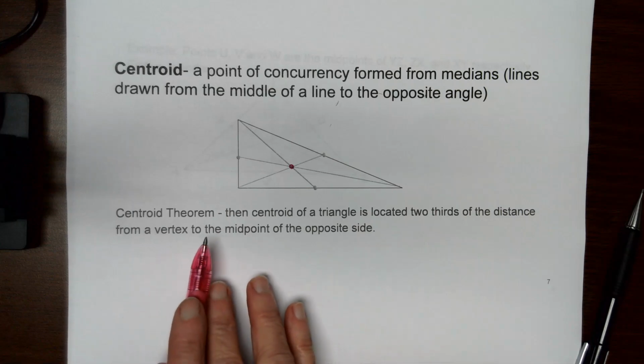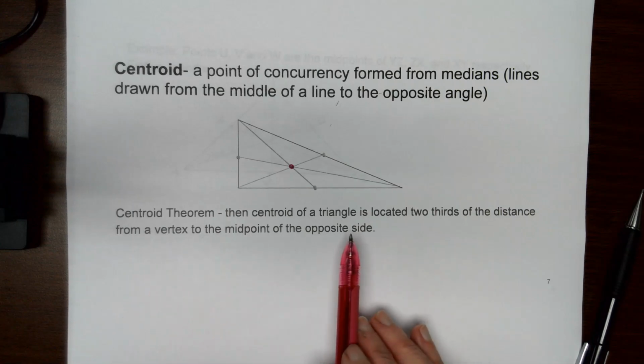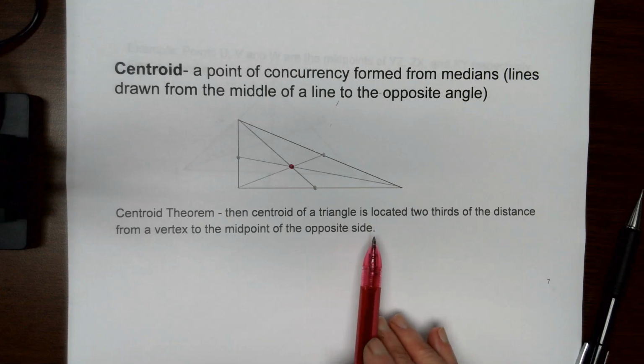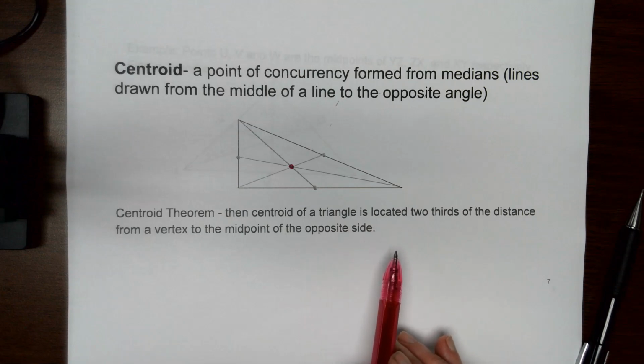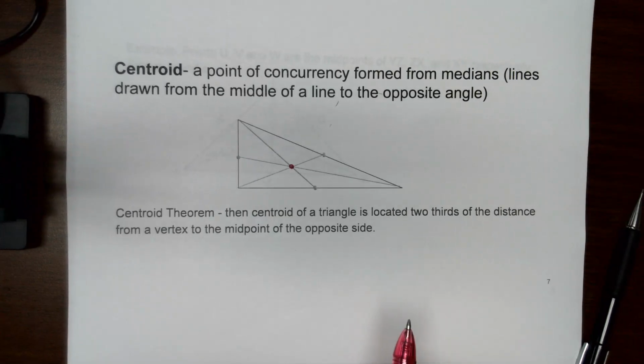The centroid theorem says that the centroid of a triangle is located 2/3 of the distance from a vertex to the midpoint on the opposite side.